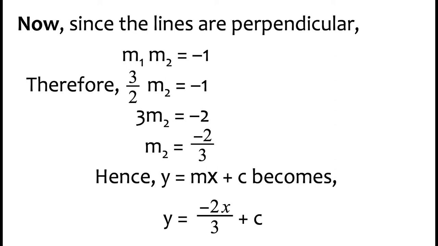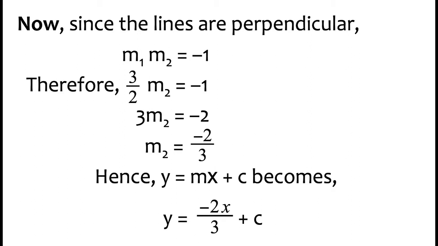Our m1 is 3 over 2, so you replace to find your m2. So 3 over 2 times m2 equals minus 1. When you multiply through by the LCM, or you can cross multiply, you have 3m2 equals minus 2, because 2 times minus 1 will give you minus 2.